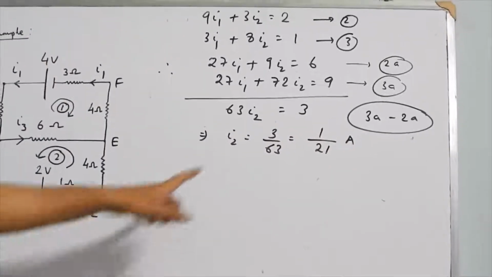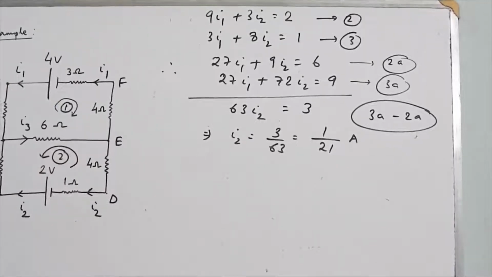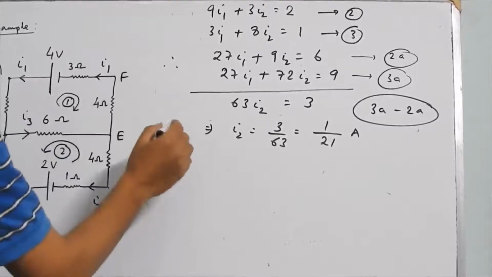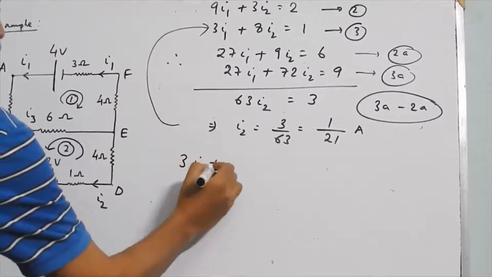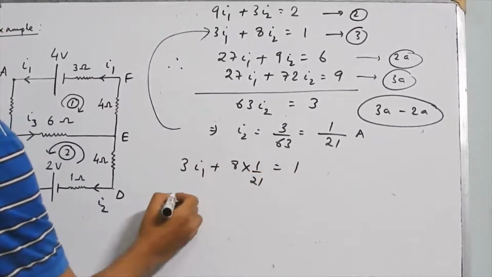Now, if I substitute in any of the equations, I will get I1. So let me substitute in the third equation. Let us substitute in this equation. This is 3I1 plus 8 into 1 upon 21 is equal to 1.